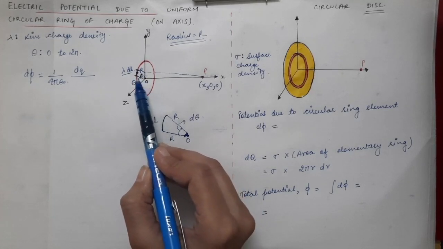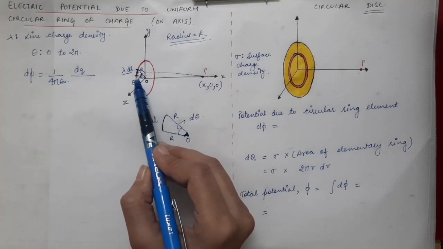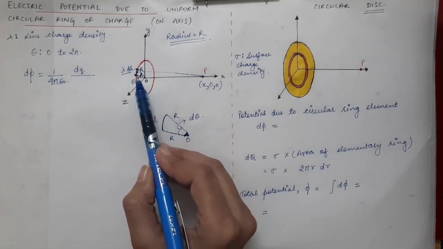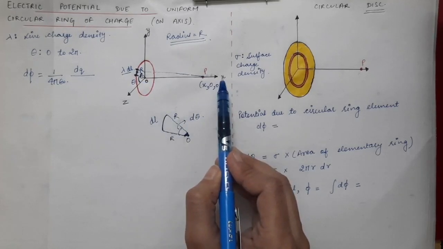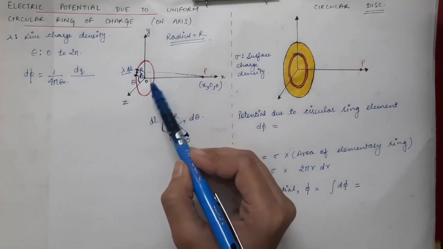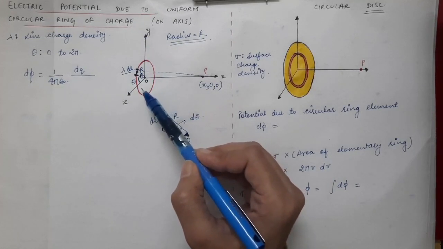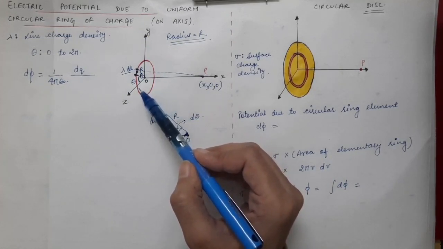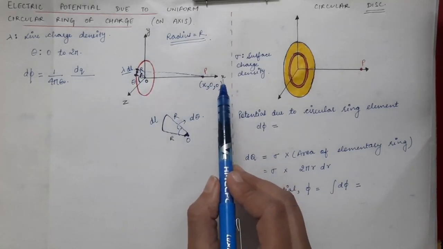So let's say we have drawn this line over here and this line over here. Any line that we draw on the plane of the circular ring will be perpendicular to the x-axis, because the circular ring is present in the YZ plane, so it will be at 90 degrees with the x-axis.